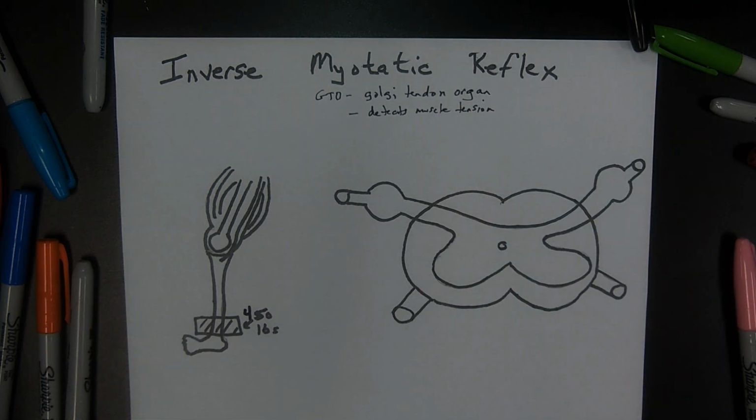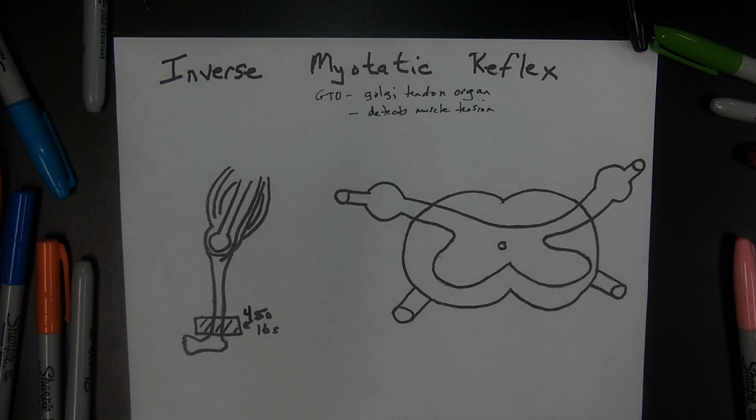So in other words, if you're contracting so much that your GTO feels like it's way too much tension on the muscle, it's actually going to inhibit that muscle from firing.